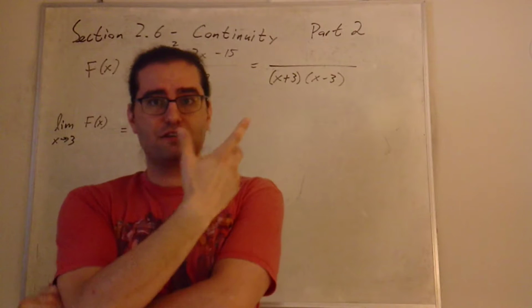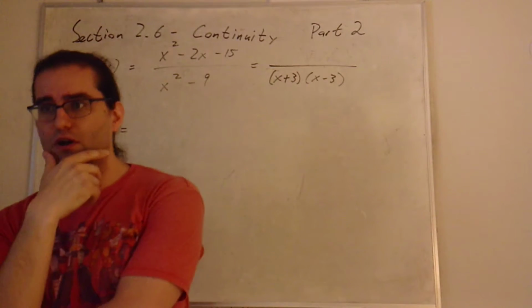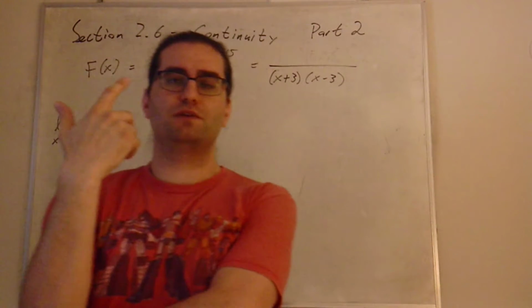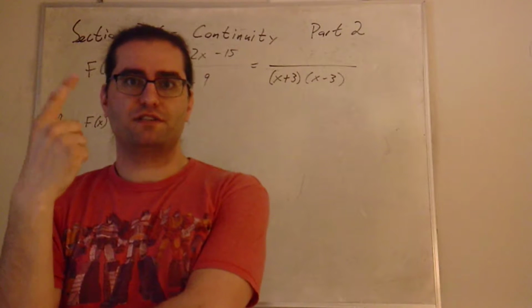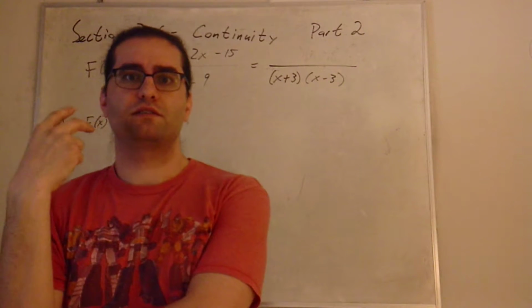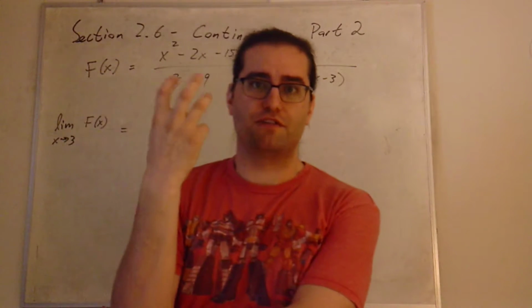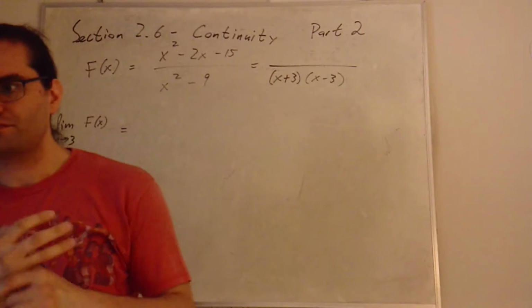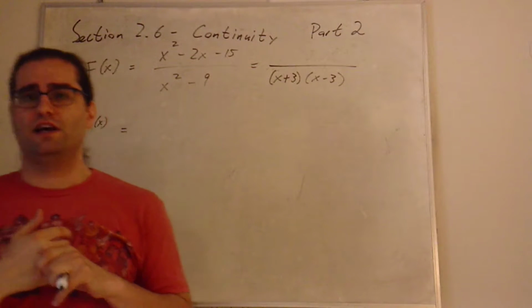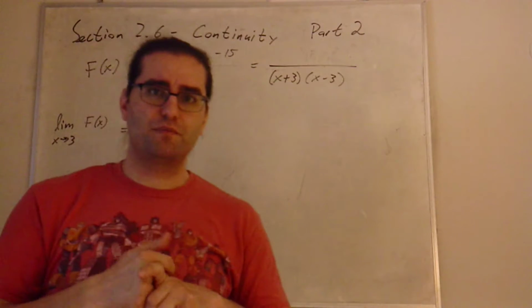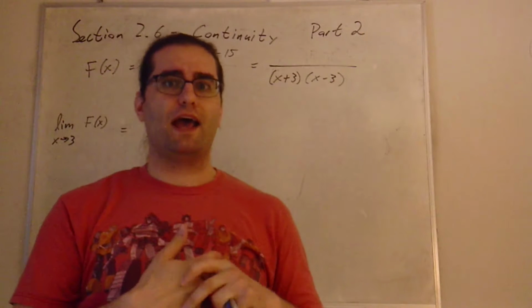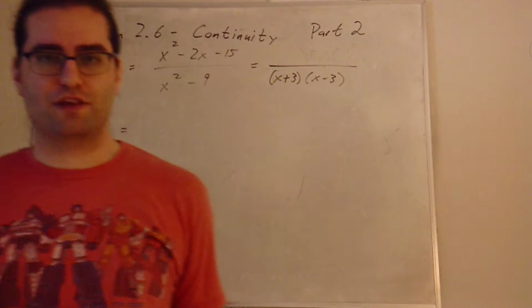From our definition of continuity that we saw in the last video, we know that a function is continuous if the function exists and the limit exists and they agree. So this idea of continuity is very tied up in the idea of limits. And the good news is it's so tied up in the idea of limits that we can pretty much just do the limit and use that result to determine the continuity.